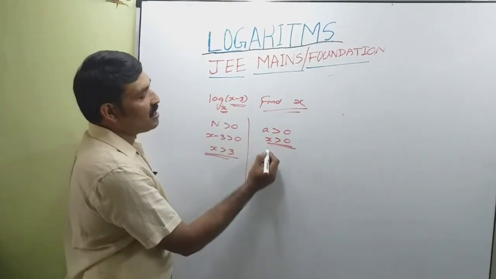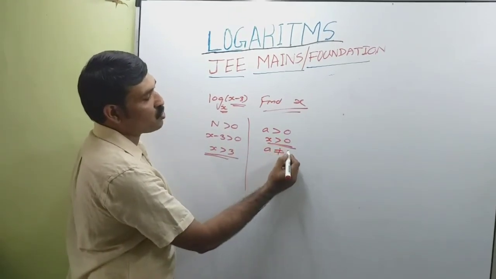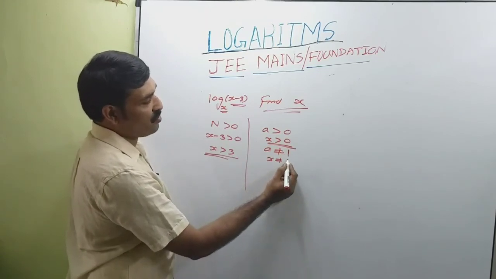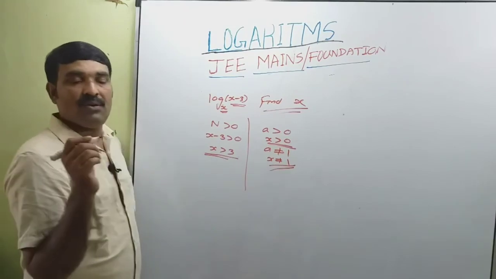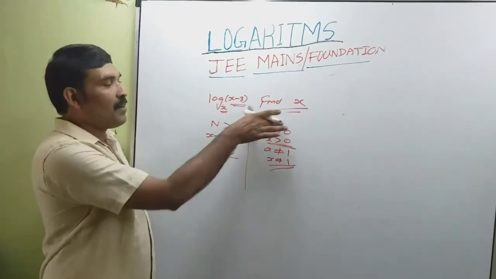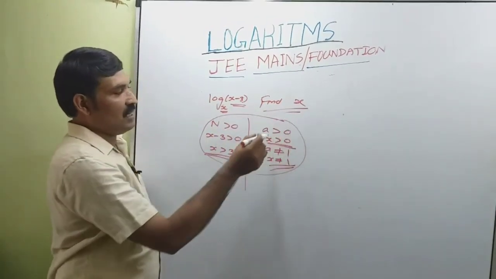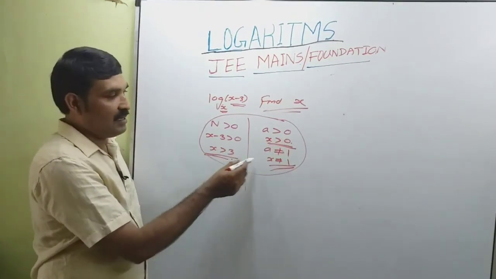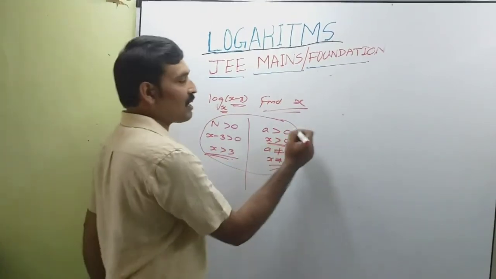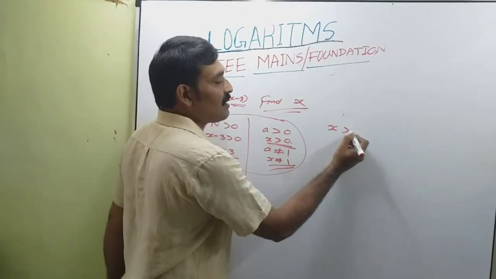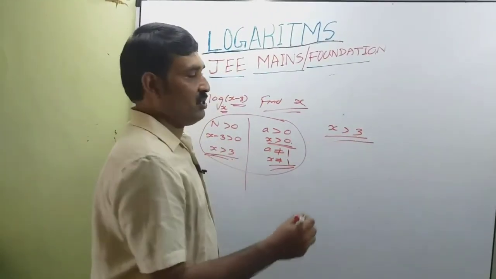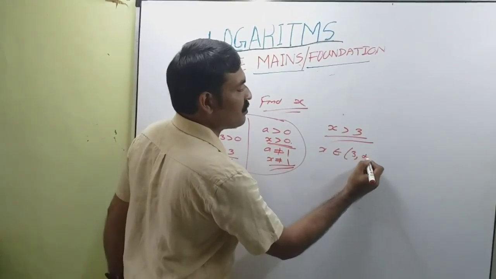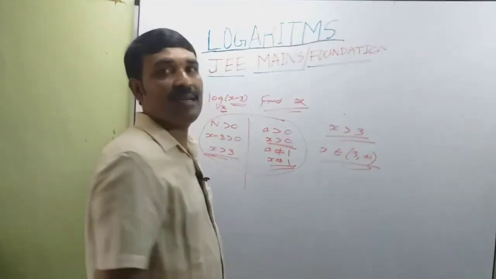The third condition is that the base is not equal to 1, that means x is not equal to 1. Now by comparing these three conditions, that is x greater than 0, x greater than 3, and x not equal to 1, the solution is x greater than 3. So x belongs to the open interval 3 to infinity.